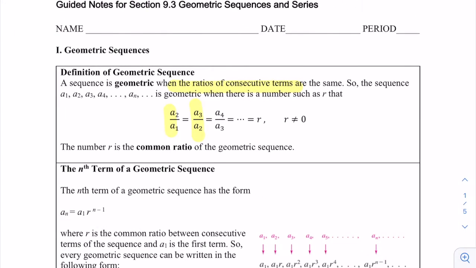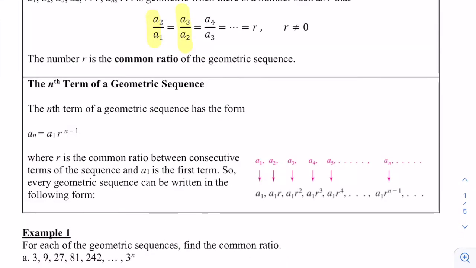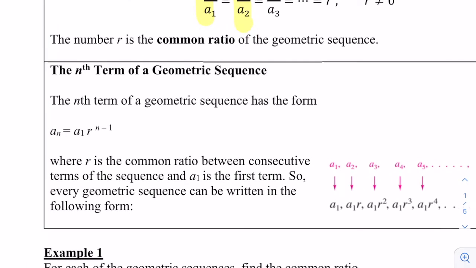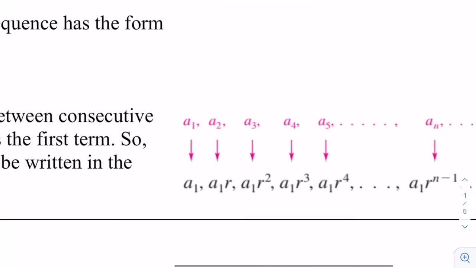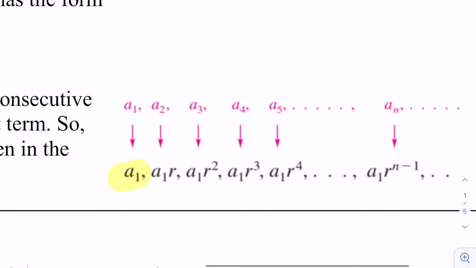To find the nth term, we will need to use exponents. We're going to raise that r to a power. You can see in the formula, a sub n, the nth term, is equal to the first term times r raised to the n minus 1. The first term is just a sub 1, and then we multiply a sub 1 by r to get a sub 2.